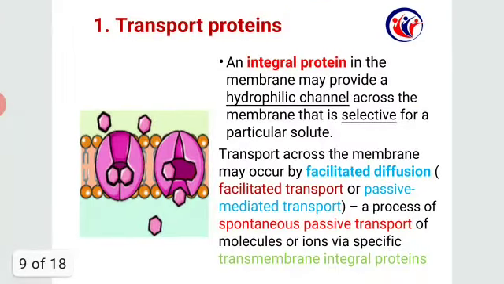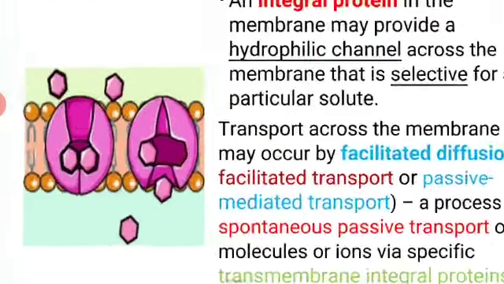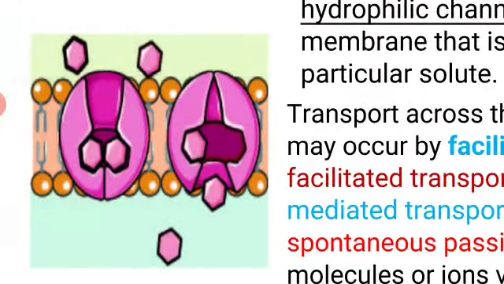In the functions of membrane proteins, the first one is that membrane proteins are involved in transport, and we refer to them as transport proteins. Look at the diagram there. You have hexagonal molecules there just for representation, and we have now closely seen the plasma membrane.